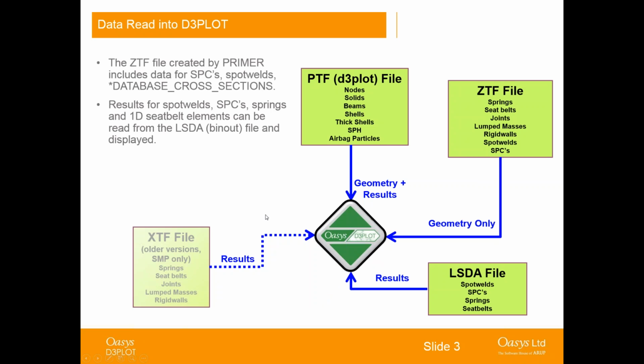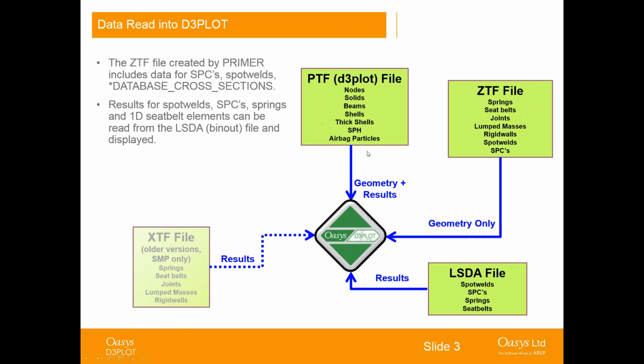D3PLOT is specifically designed to read in LS-DYNA files, and it's designed to do that quickly. The native format that we use in Arup is the PTF file, but you may know this as a D3PLOT file. D3PLOT can read in either of those files.